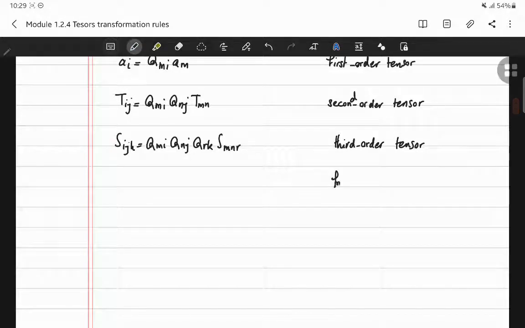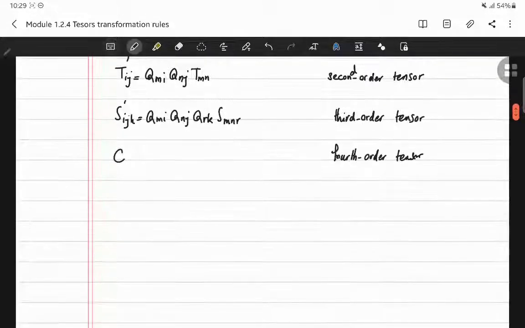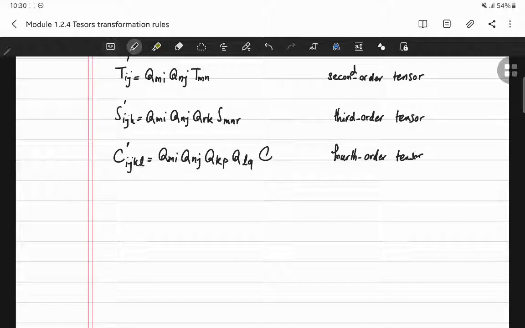And for the fourth order tensor, for example, we have C, and these are all prime, sorry, I forgot. C'_ijkl is equal to Q_mi Q_nj Q_pk Q_ql C_mnpq. So i, j, k, l are the free indices. They can't be repeated on the right-hand side.